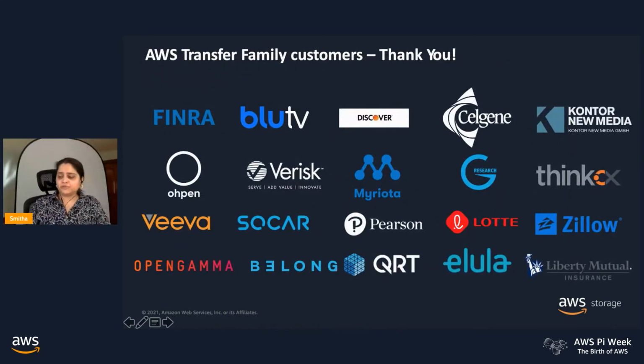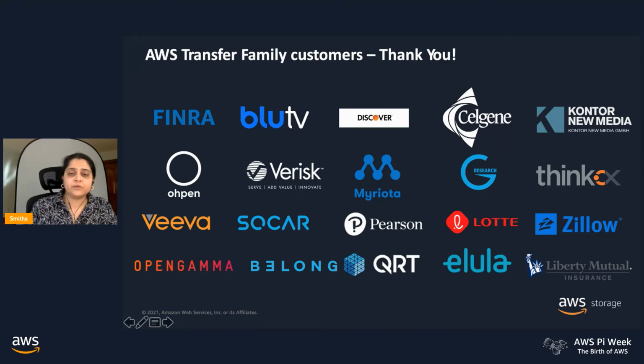Here are examples of some customers who are using the service. For example, you'll see we have FINRA, who have built their data lake on AWS, and SFTP is one of the important ways they receive information from their broker-dealer firms. You have Celgene, a healthcare company, again using it to get that critical healthcare data into AWS.